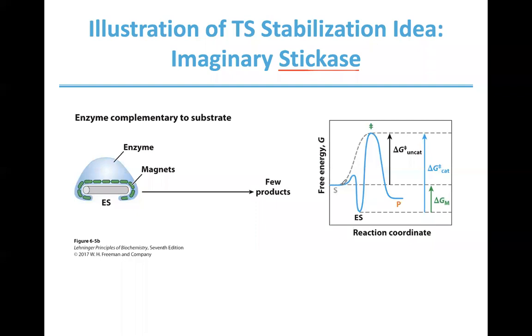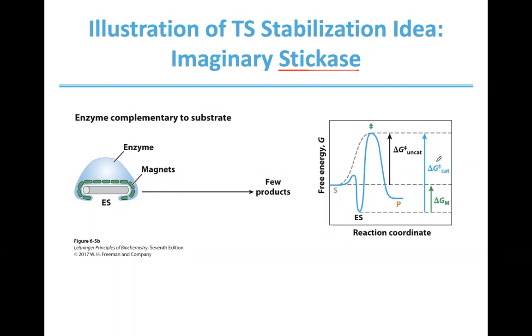Here's the substrate, the enzyme comes in, binds the stick, the energy drops because of the binding, and then now look, it has to climb all the way up there to break the stick. Why? Because the enzyme cannot accommodate the transition state to break the stick. The bent stick cannot be accommodated by the enzyme. And that's why the activation energy is so large.